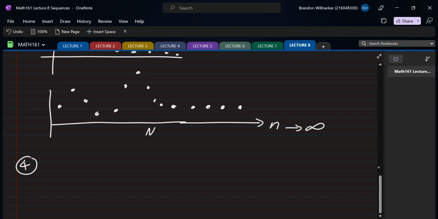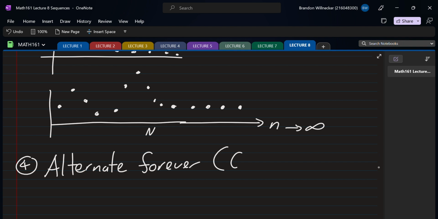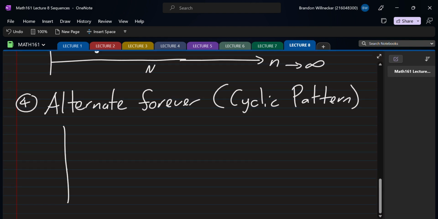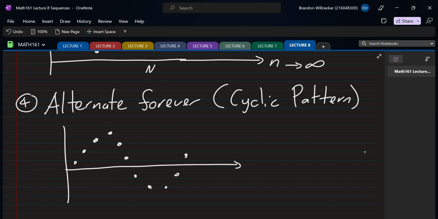Or, it doesn't have to do that, it could alternate forever. Or form some cyclic pattern. Okay, so something to imagine, like the sine function or the cosine function, it could increase for a bit, then it would decrease for a bit, maybe it increases a bit again, and then decreases a bit again, and then it does this forever.